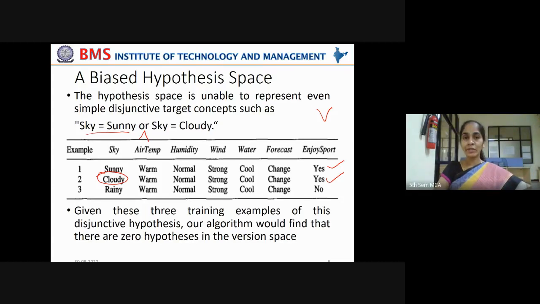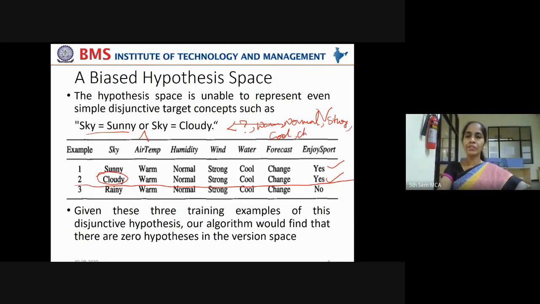Why? Because, listen carefully, up to this training example, what can be our specific hypothesis? Question mark, warm, normal, strong, cool, and change. After observing the two training examples, this will be our hypothesis.